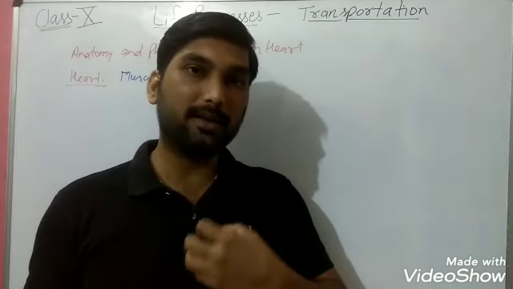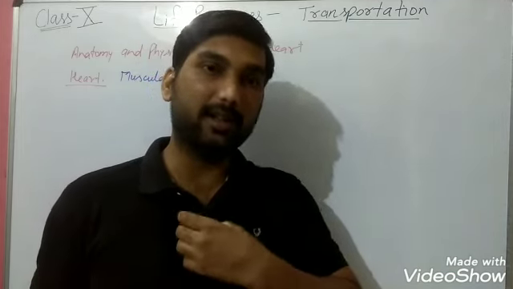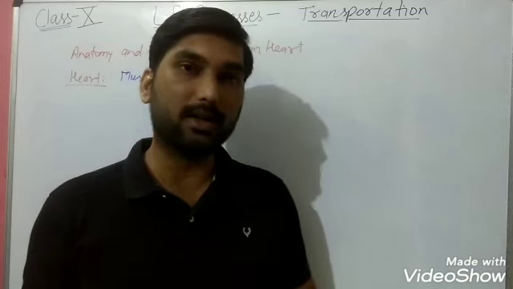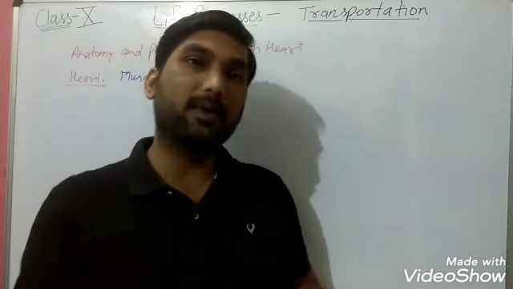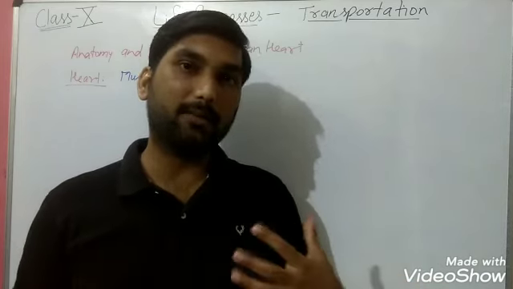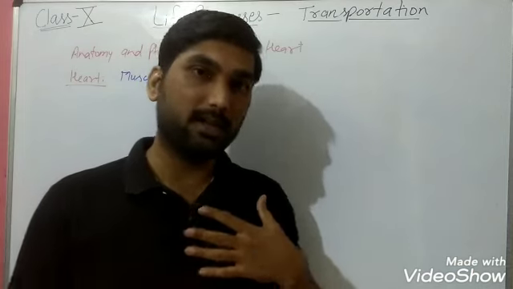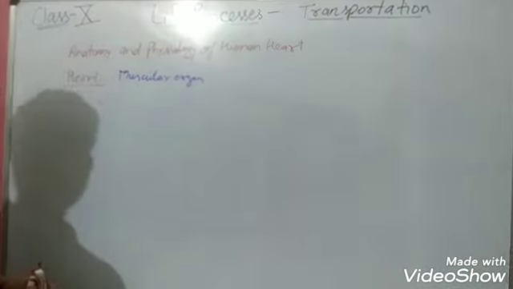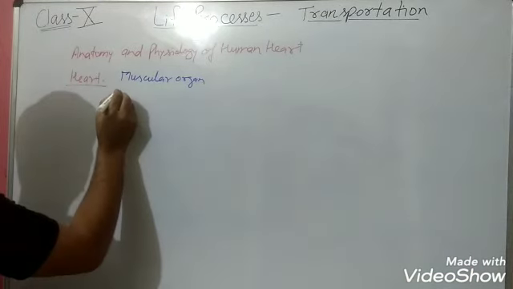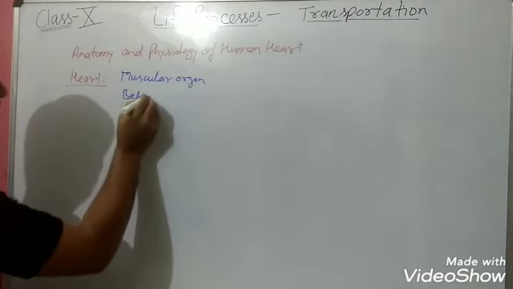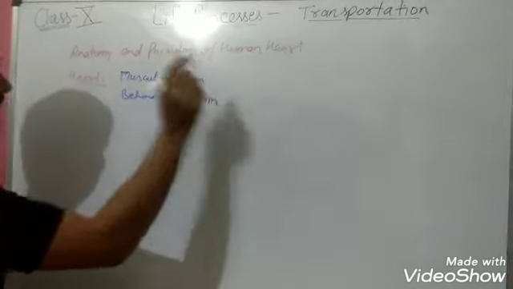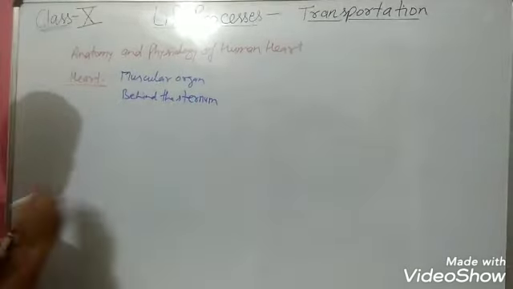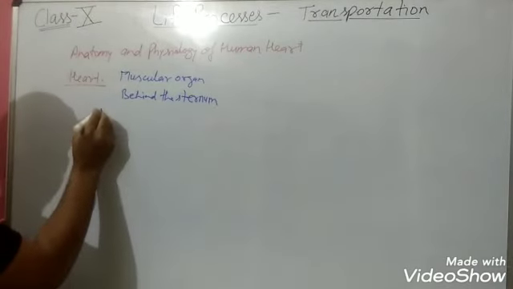So the situation of the heart is at the center of our thoracic region, in between the lungs, but the lower part of the heart is slightly shifted towards the left side, so it feels that we have our heart on the left side, but actually it is situated just behind the sternum.